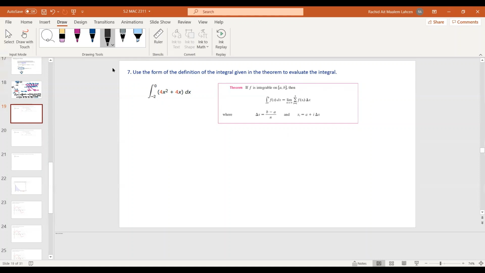So we've done this in 5.1. It's just now we're going to stretch it. So delta x is 0 minus -2, so b minus a over n. So it's 2 over n. And xi, just like we did in 5.1. So maybe review, of course, 5.1 notes, and maybe see a video.